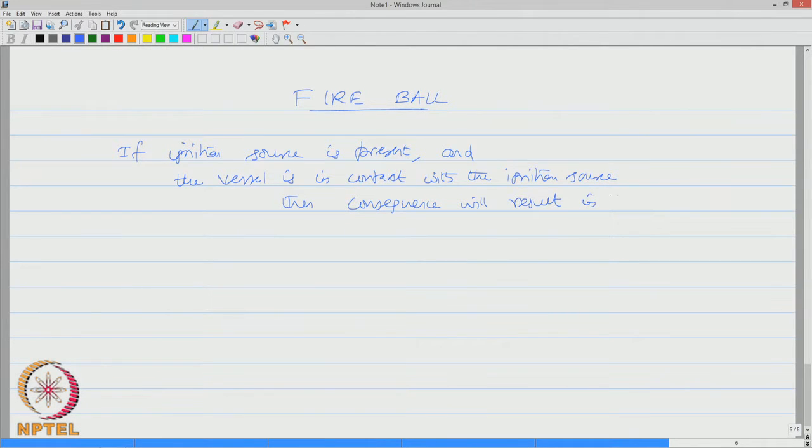It will result in formation of a fireball. A fireball can result in two outcomes. One, it can cause thermal radiation. Two, it can also result in direct flame contact.